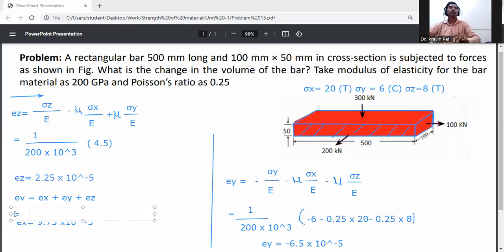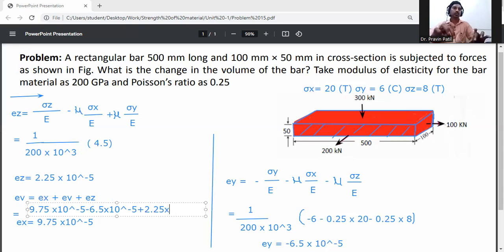Ev is equal to, Ex is 9.75 into 10 raised to the power minus 5, then plus Ey, the strain in y direction, which is minus 6.5 into 10 raised to the power minus 5, then Ez is plus 2.25 into 10 raised to the power minus 5. Okay. So these are the total strain.